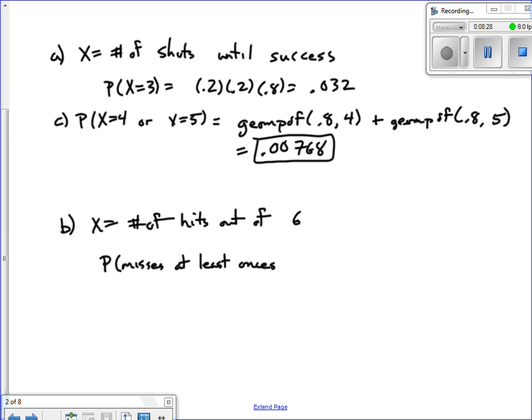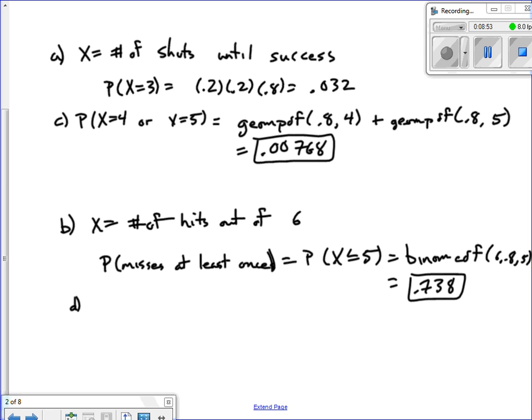That just means she can't hit all 6 times. So really, that's the probability that X is less than or equal to 5. Here, that's set up very nicely. That's a CDF. So out of the 6 shots at 0.8, 5, and for us, that's 0.738.